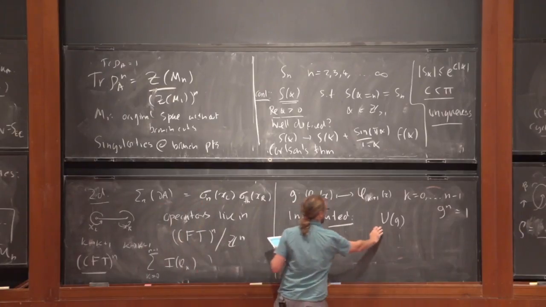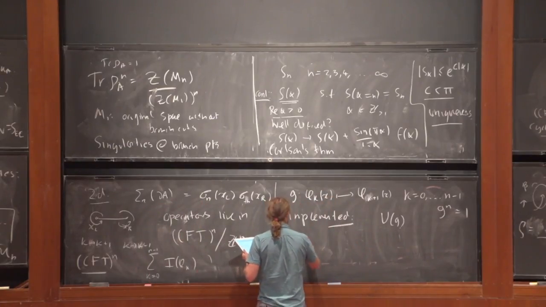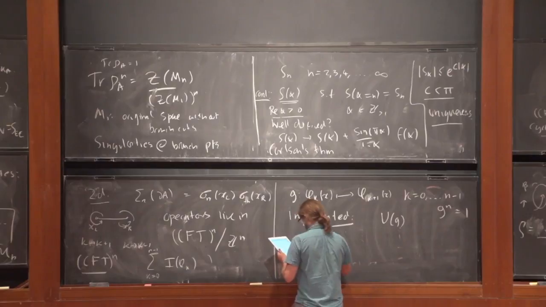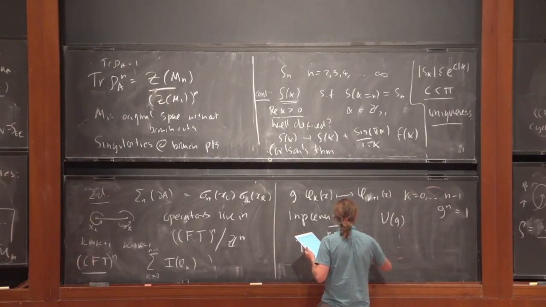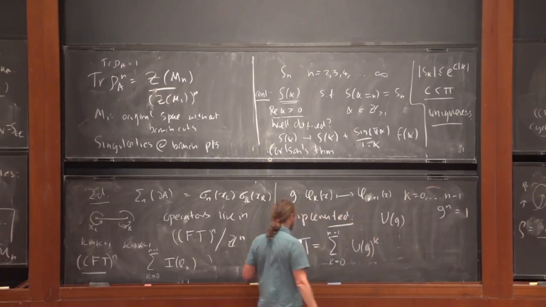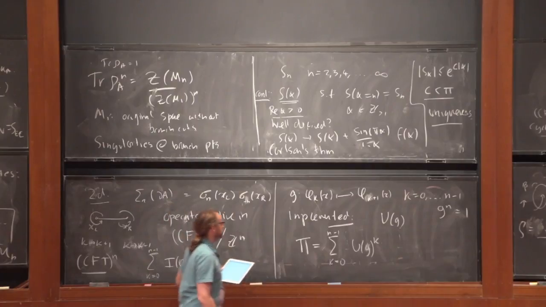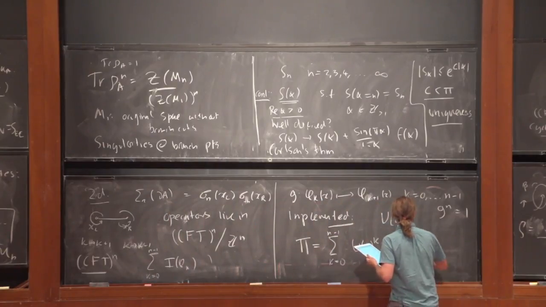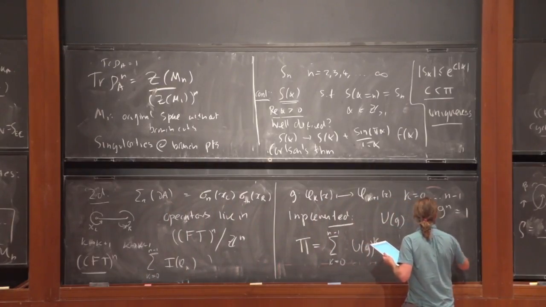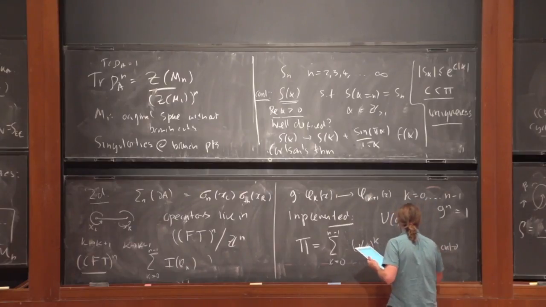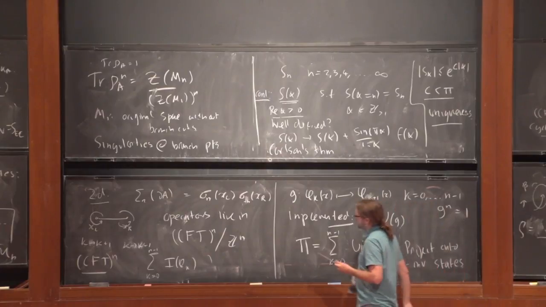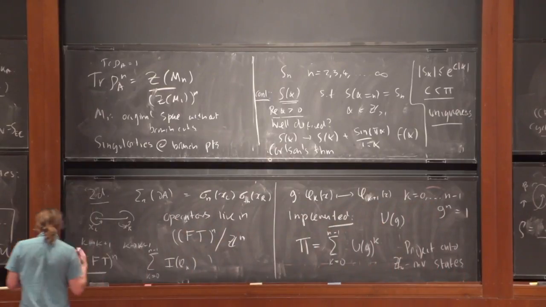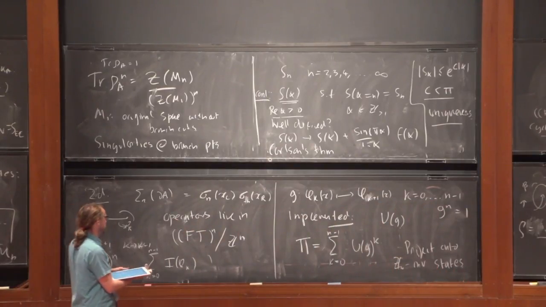So this symmetry is implemented like this, and then you project, and one way to project is to sum over powers of this, g to the k. And so this would project onto Z_n invariant states.